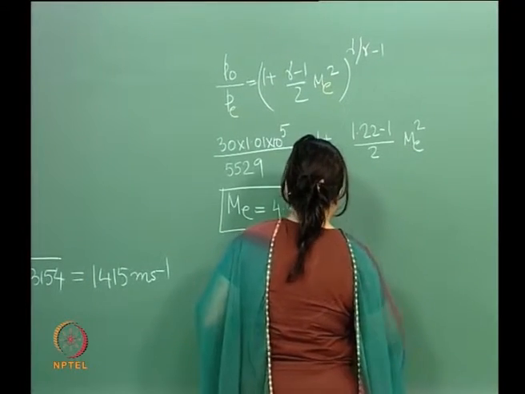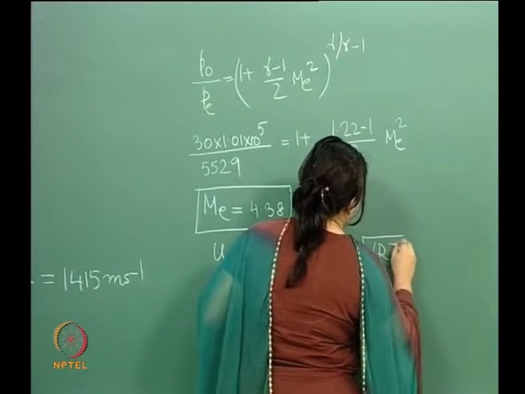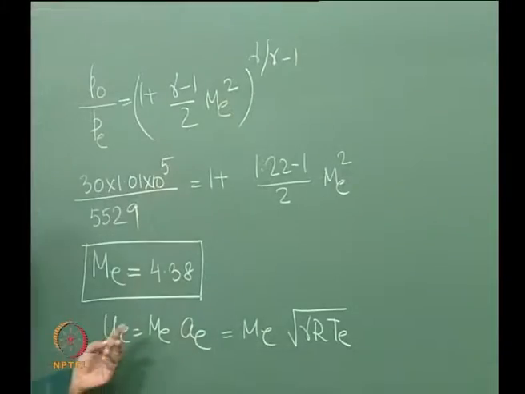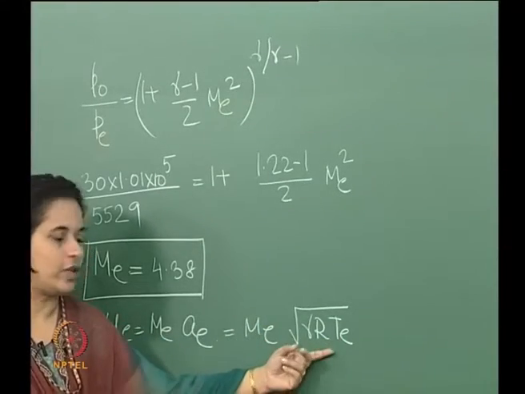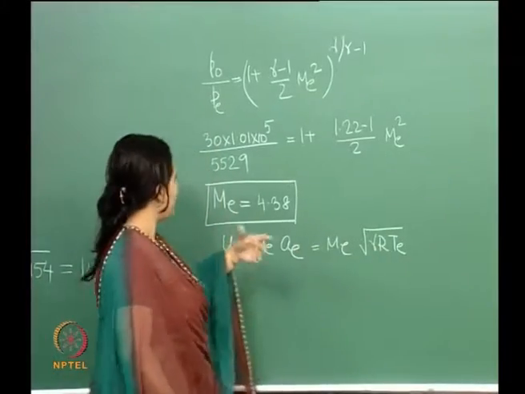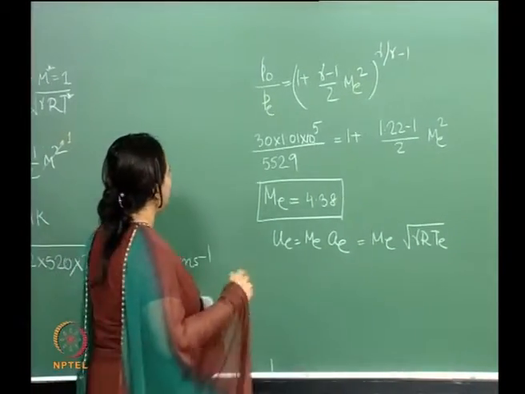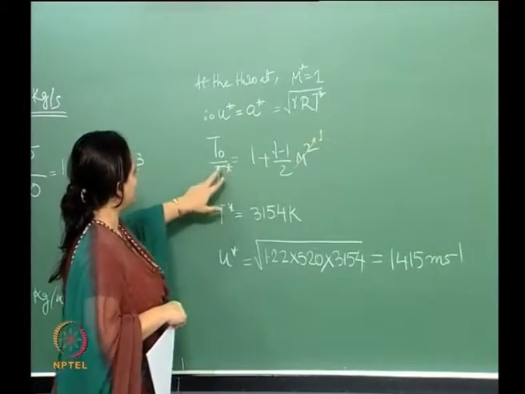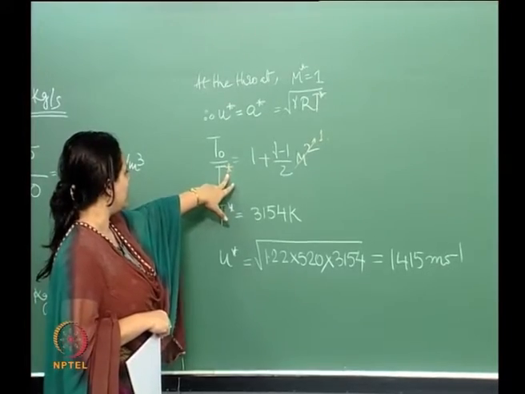Basically, we can write the speed of sound as the square root of gamma R T at the exit, in terms of the temperature. Now again, the temperature at the exit is something that I haven't calculated yet. Let us see if I can do that. I'm going to use this equation here again. Last time we put the throat, this time we will put this as the exit.